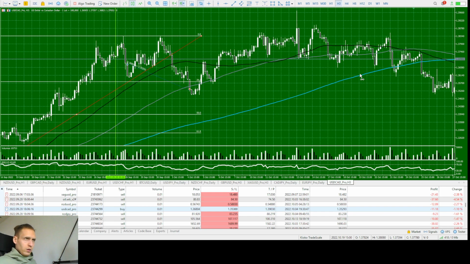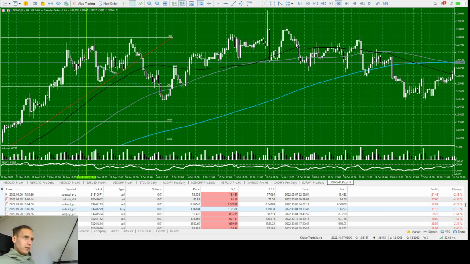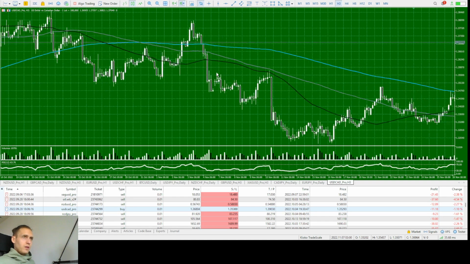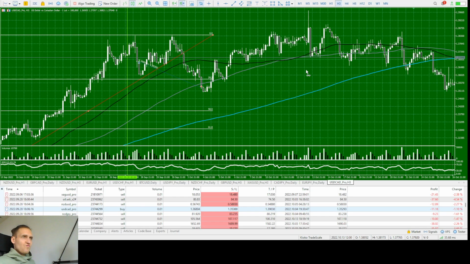And so the price came again to the same highs, and then we consolidated, showing the weakness of the trend, and then price shifted to the downtrend.